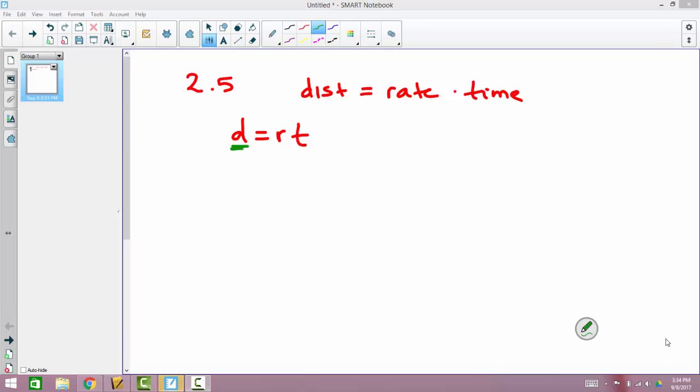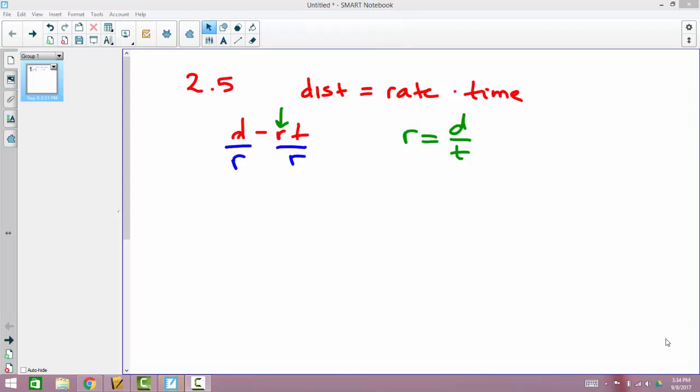Right now it's isolated for the D. But you could get the R alone by dividing both sides by T, and then that equation would be R equals D divided by T. You could also get the T alone by dividing by R. And that would give you T equals D divided by R.